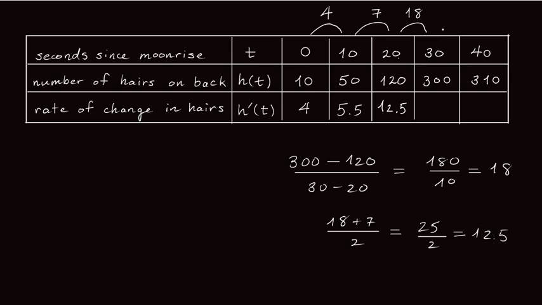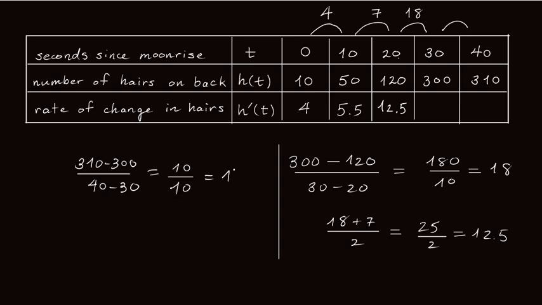Okay, and then we can move on to understanding what happens at 30. To do that we'll take the average rate of change here, which we've already computed, plus the average rate of change here, which we need to compute, and then divide by 2. So the average rate of change on this last interval is 310 minus 300, the change in the y values, divided by the change in the x values, which is 40 minus 30. So the average rate of change is 10 over 10, which is 1. Things have started to slow down.